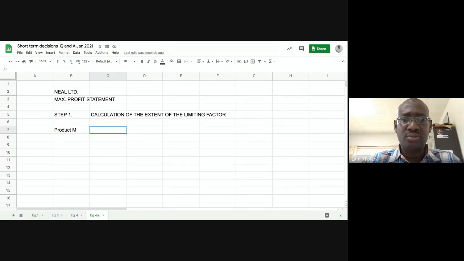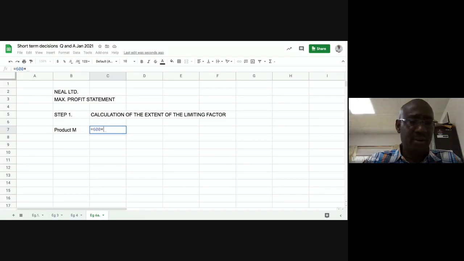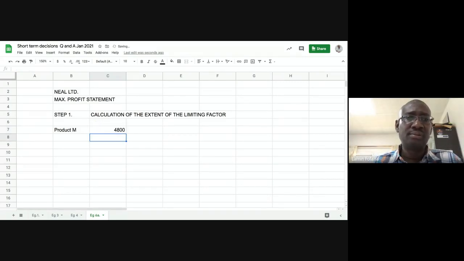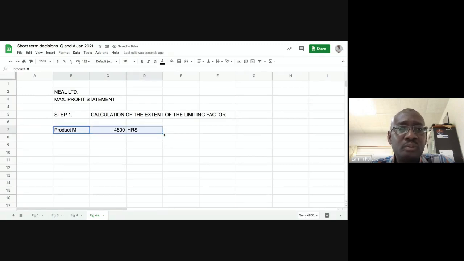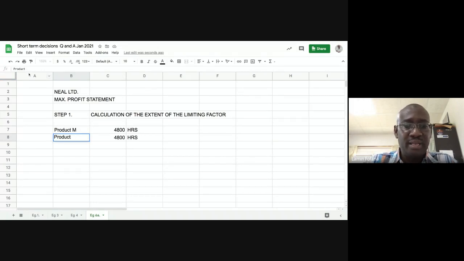So I'll do a formula: equals 600 multiplied by 8. Then I just copy, paste, and change simply. And product N is how many units?